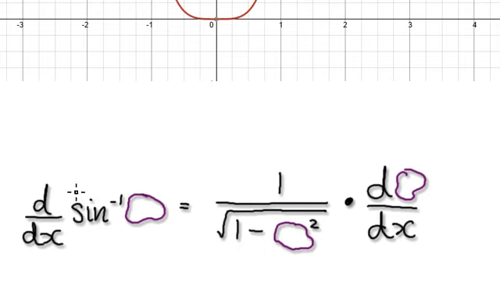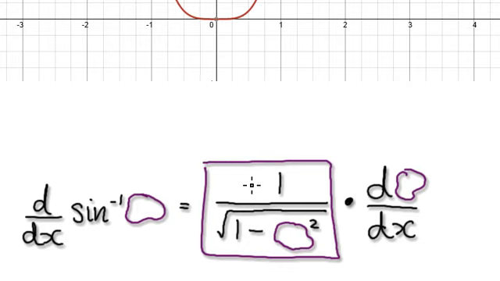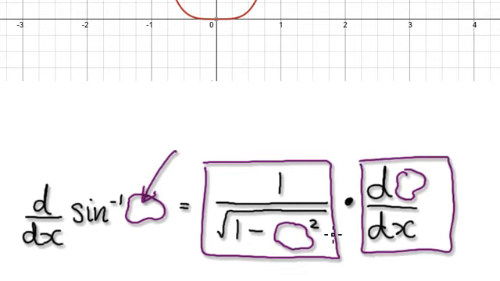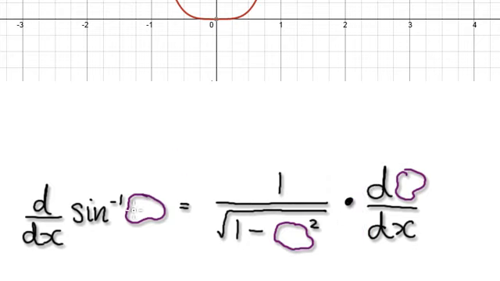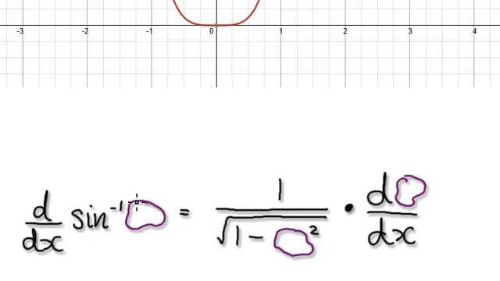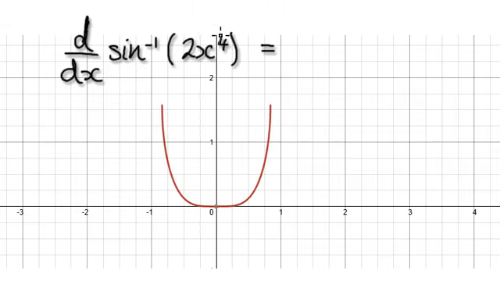But in your mind, visualize it as inverse sine of a bubble, and then by using that formula earlier, it gives you this. But because this bubble is a function of x, you've got to differentiate the bubble itself. Remember, the bubble was (2x)^4.